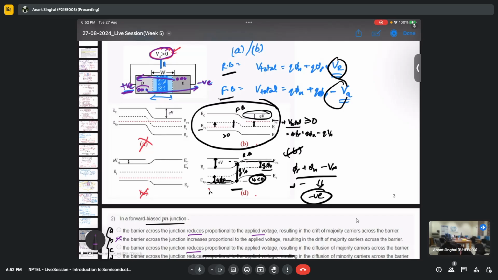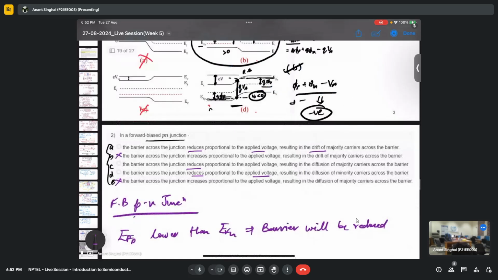Holes are the majority carriers, so the diffusion of majority carriers will increase towards the negative voltage, and here the majority carriers are electrons, so their diffusion will increase towards the positive voltage.